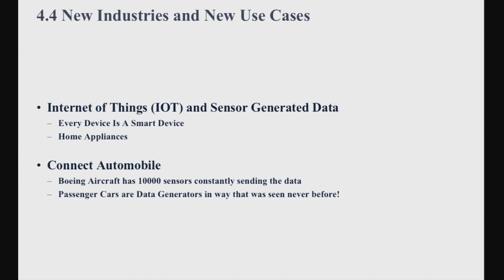It has a lot of things built in. It generates data, with a lot of sensors, I don't know exactly how many. It constantly sends all the data to the cloud. And it has something called autopilot mode, where it's not a 100% driverless car, but on certain segments, if you're on the highway, you can put it in autopilot mode. It can do automatic steering. You don't have to touch the steering wheel at all.